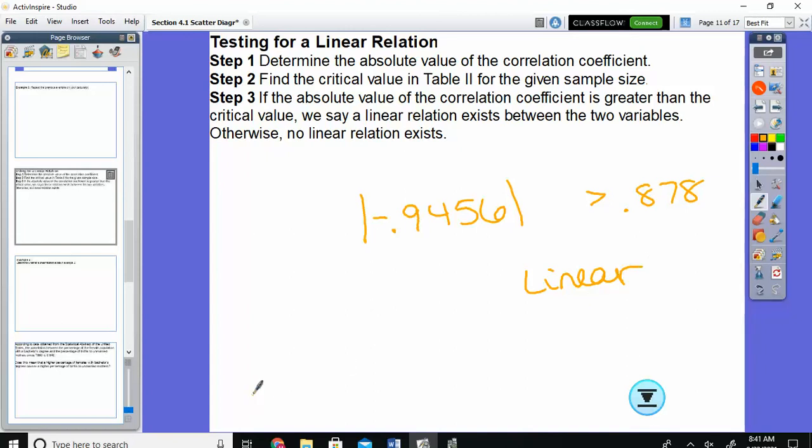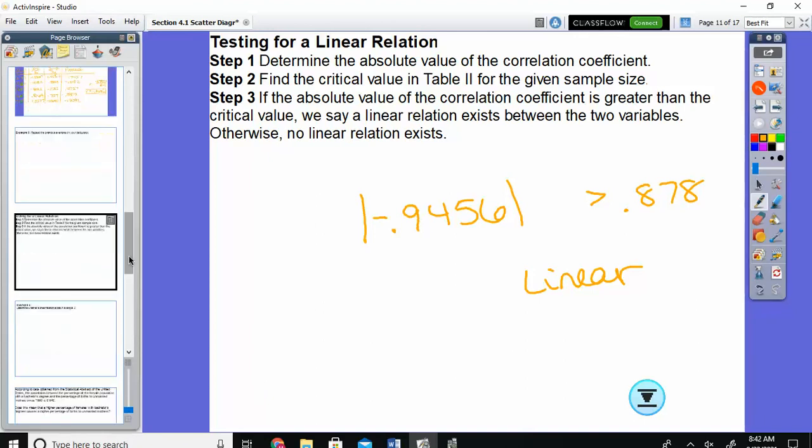Does everybody find that table? Where are these numbers coming from? The critical value depends on how many points we had. You'll notice as your number of points goes up, your critical value gets smaller and smaller.